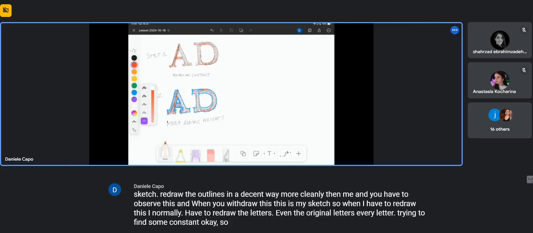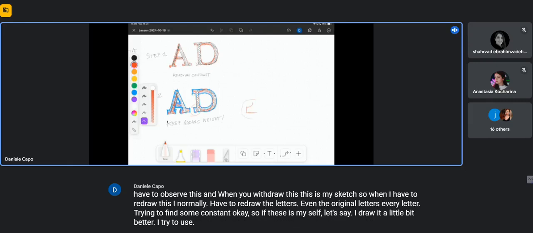So if this is my serif, let's say I draw it a little bit better, I try to use a similar shape with the same dimension for the other serif.